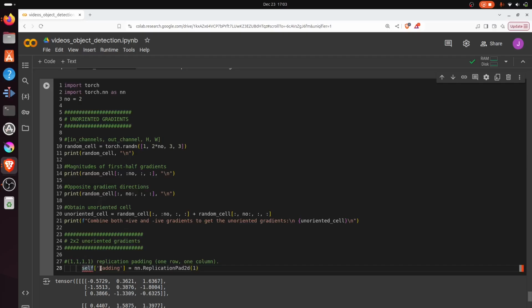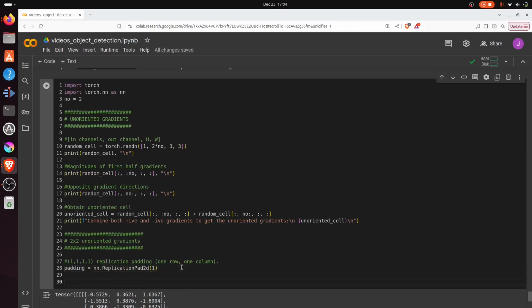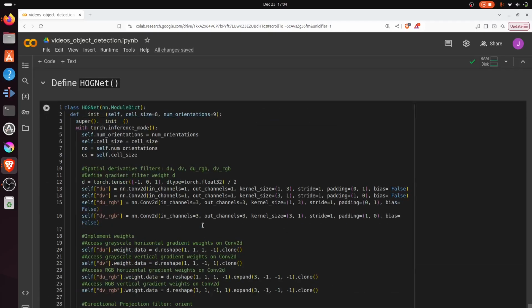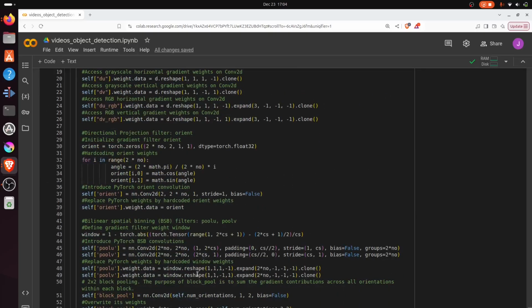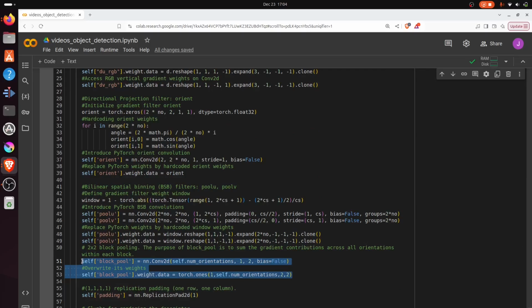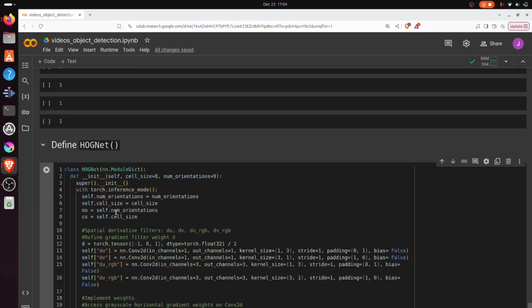Formatting. Great. That's one thing, and we are also going to use the block pool. The block pool that we defined also in previous videos, both the layer and the modified weights. We're going to use both, of course, and we are going to see in a second how we are going to be able to benefit from these.